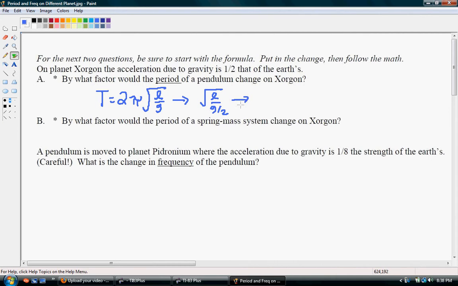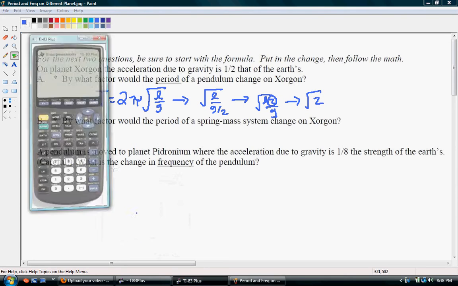Now since this is length over acceleration due to gravity over 2, we can actually rewrite this as L times 2 over acceleration due to gravity. Now since the length and the acceleration due to gravity, these variables right here, are not changing, we're just halving the acceleration, which we're showing here. This is going to change by a factor of the square root of 2.